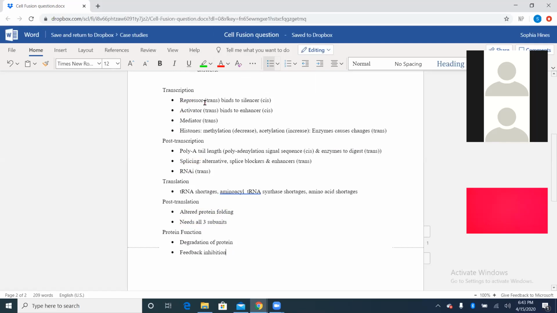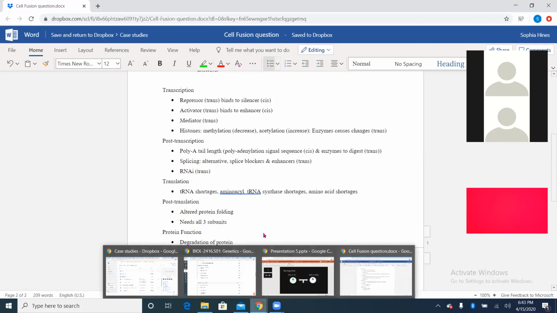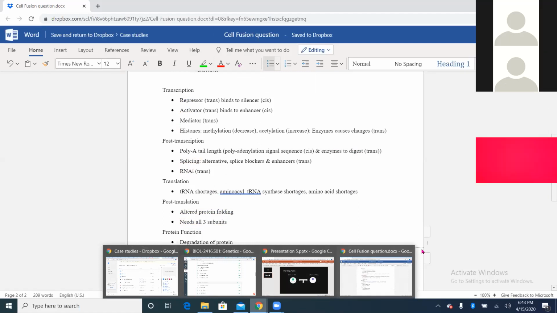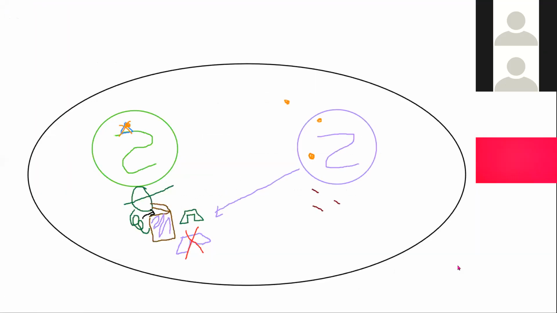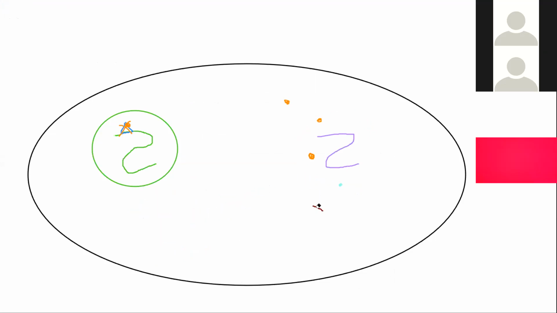So if we had a repressor that was shutting something down before, we can go back and look at our whiteboard. I'm going to erase this stuff. Because, oh no, I'll put the cell back.